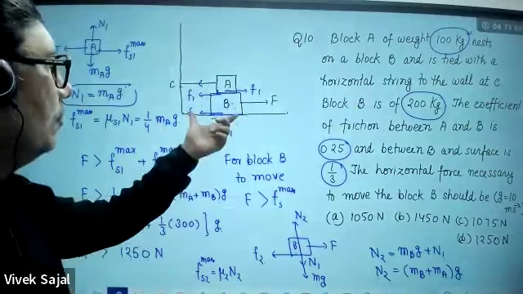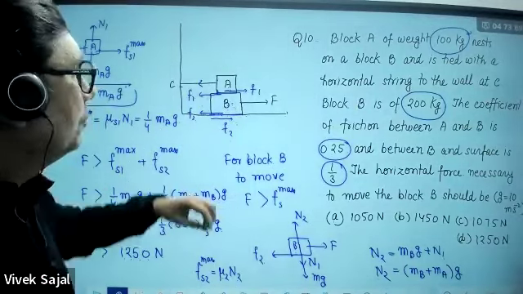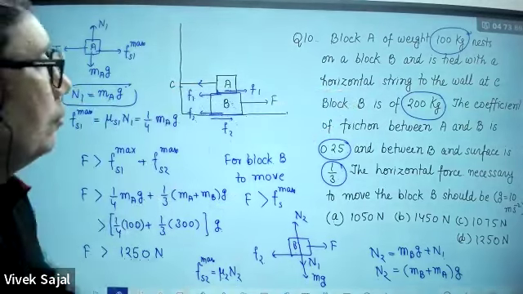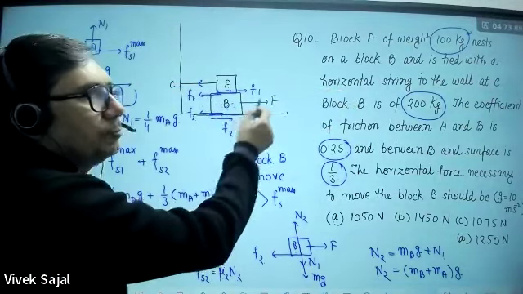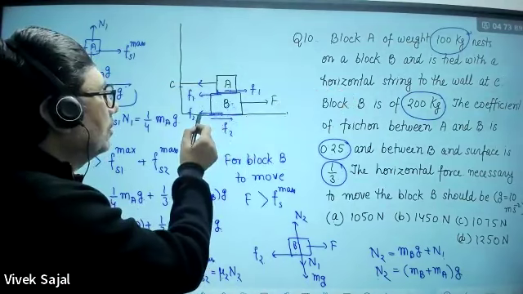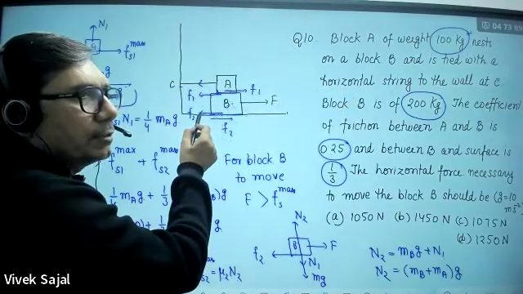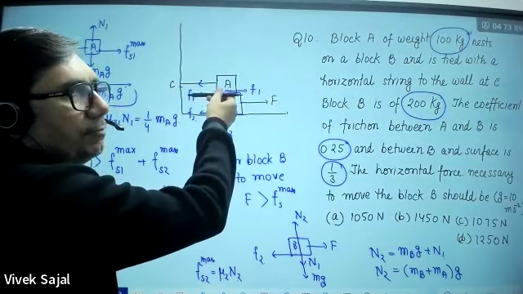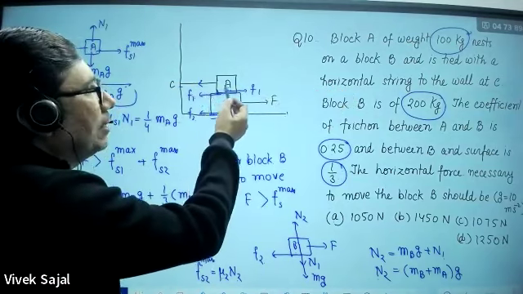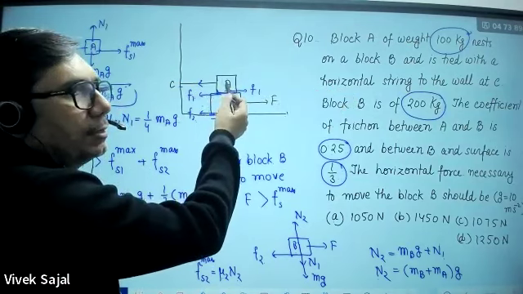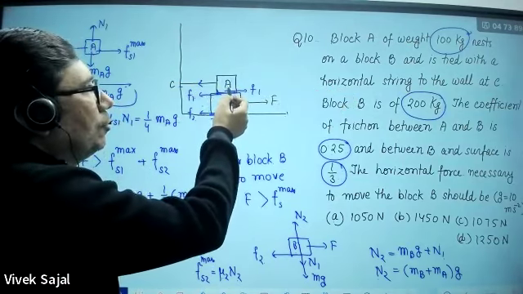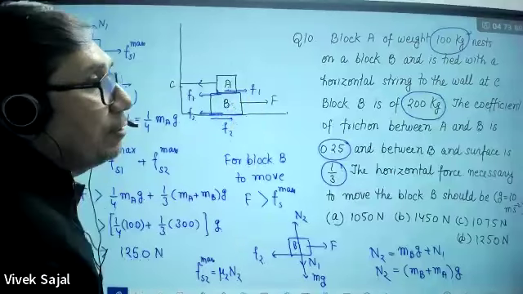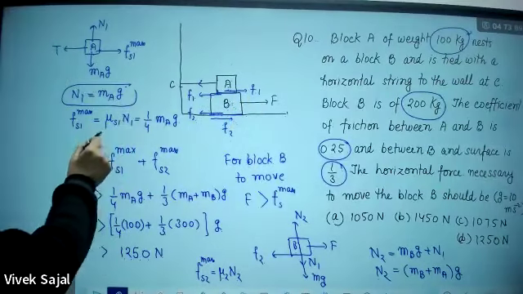So this was a very good question, conceptually very good. You are trying to move this block in this direction. So this block with respect to Earth is moving in this direction. On the block, friction force will act in the opposite direction of the motion, as well as this F1. Now, how will you find out F1 from block A? You find the normal reaction that is acting on A. From there, you can find FS1 maximum.